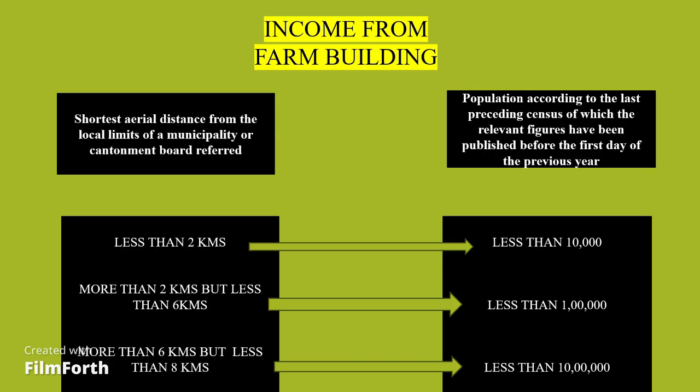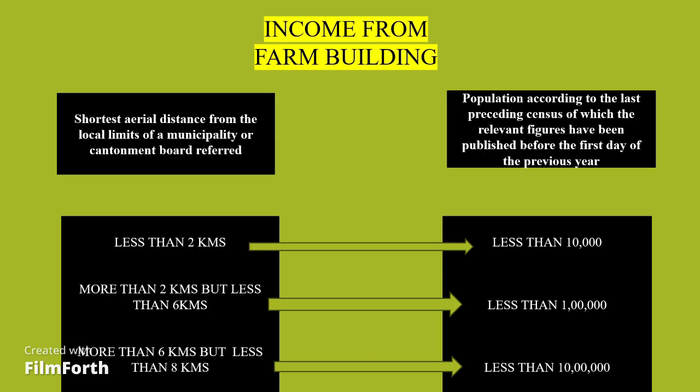Compute the income under head PGBP after allowing deduction under Section 33AB. Step 2. Computation of agriculture and non-agriculture income in the following manner. 40% of such income is liable to tax as business income under the head profits and gains of business or profession. 60%, balance, of such income is exempt from tax.